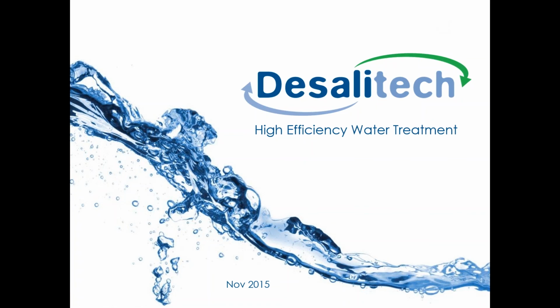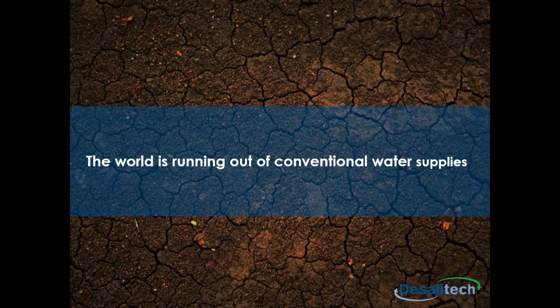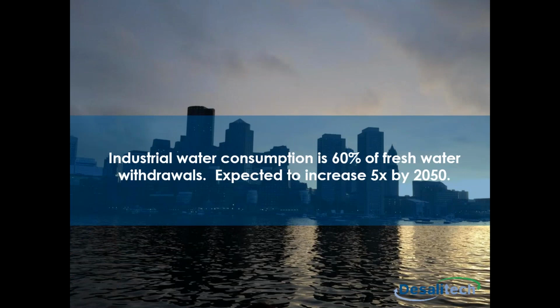And we'll dive right in here to Desalitech's process and experience. So I'll start with a few quick slides about why we do what we're doing. The real motivation is that the world is running out of conventional water supplies, fresh water supplies. And if you look in the developed world, industry is the biggest consumer of fresh water. And that's expected to increase much more rapidly than the increasing freshwater consumption for residential use, for example.